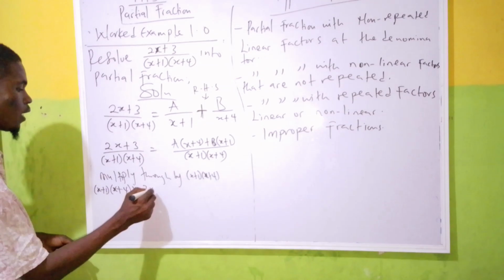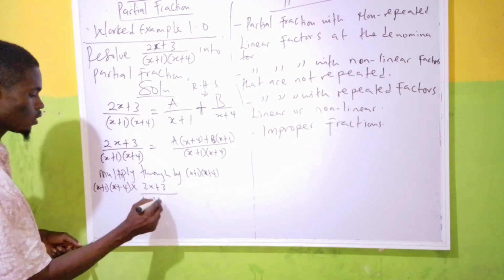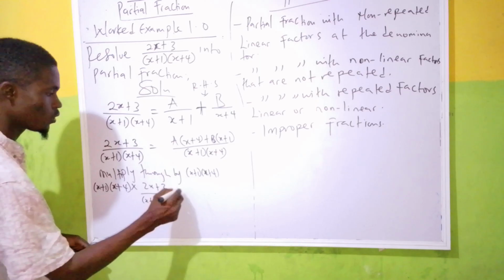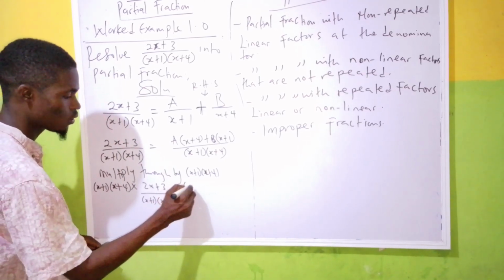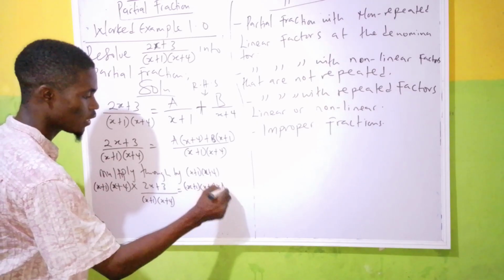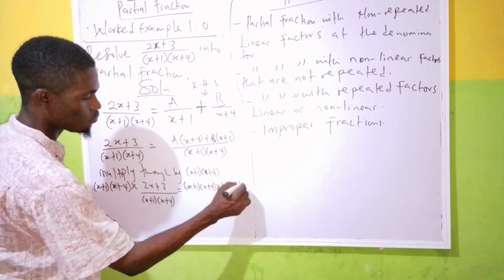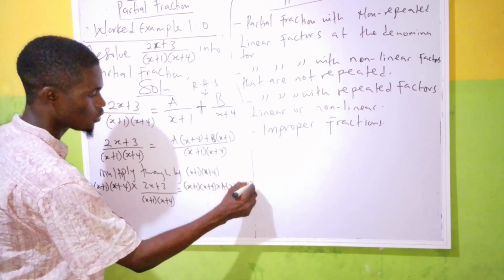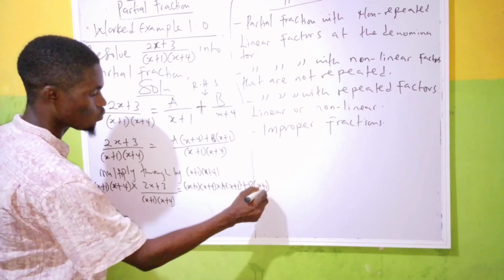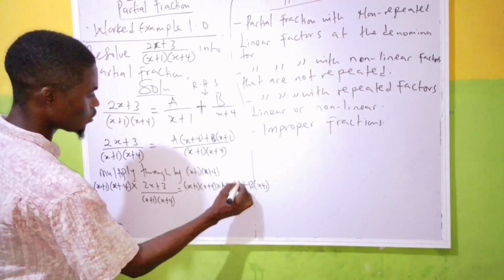all multiplied by 2x plus 3 over x plus 1, x plus 4 is equals to x plus 1, x plus 4 multiplied by a into x plus 1 plus b into x plus 1. x plus 4 here, sorry.